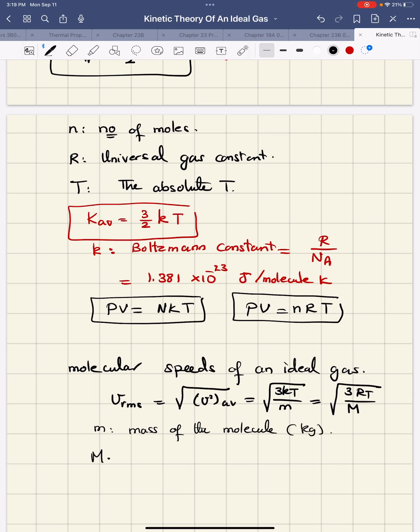And uppercase M is the molar mass, and that one is gonna be kilogram per mole. Okay, just pay attention to these two.